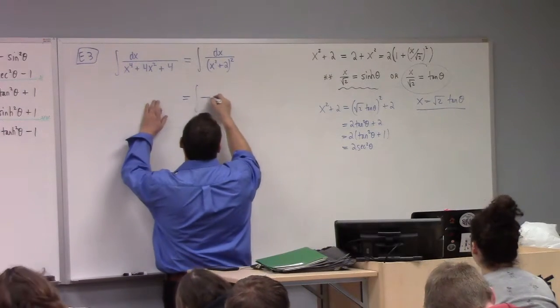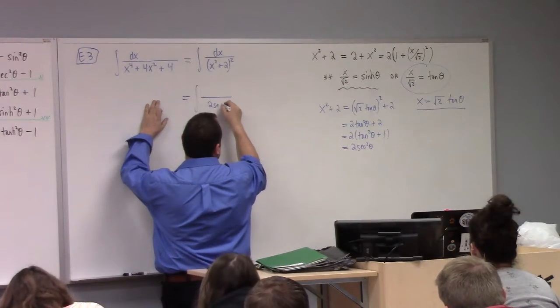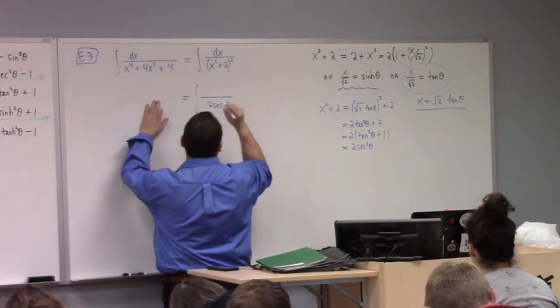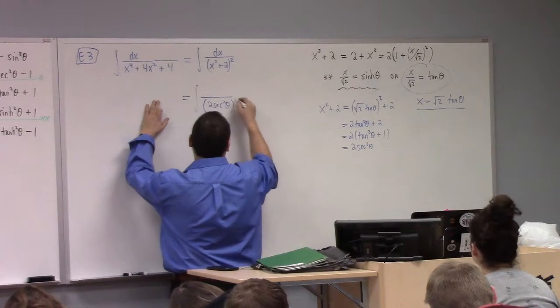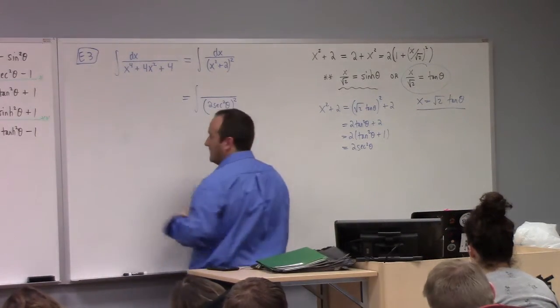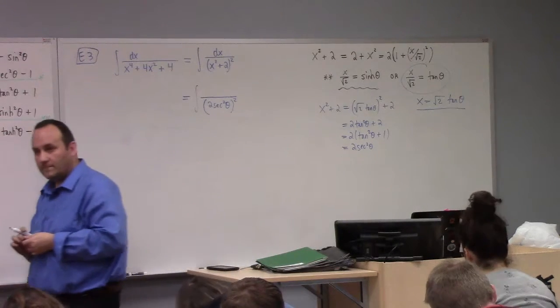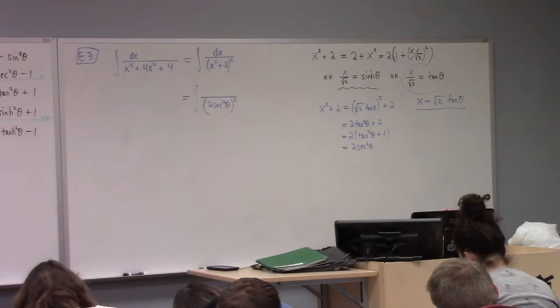So I have 2 secant squared theta. That's my x squared plus 2, and that whole thing is still squared, right? What's dx equal to?